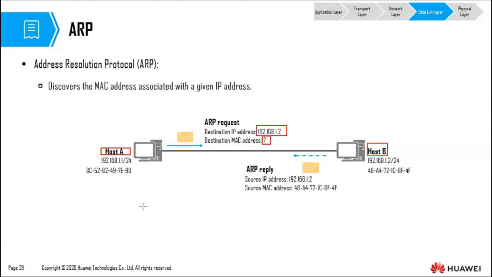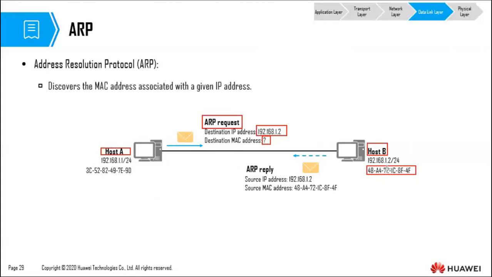It doesn't know the hardware address of this guy. So in order to learn the hardware address, it's going to send an ARP request. An ARP request packet is a broadcast packet, meaning everyone on the same network segment or broadcast domain is going to receive that packet.